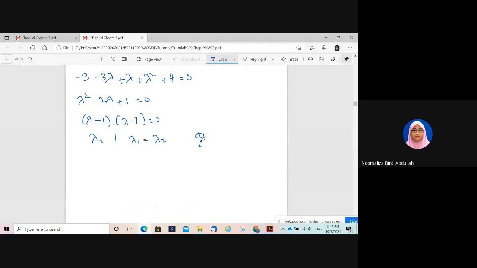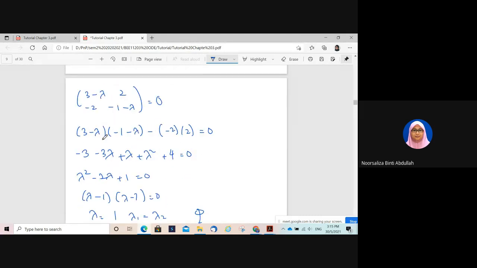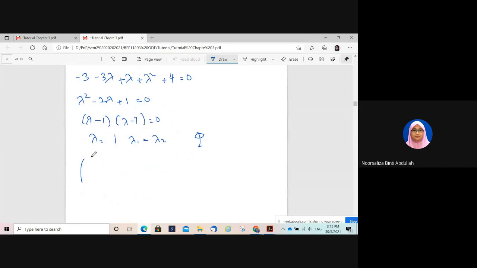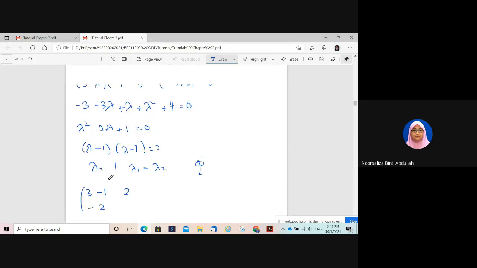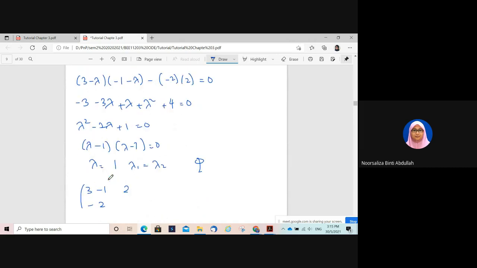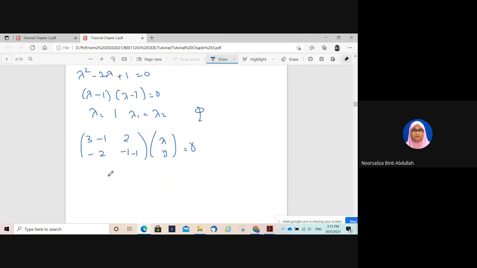So eigenvector 1. We have here [3 minus 1, 2; -2, -1 minus 1] times [x, y] equals 0. So 3 minus 1 is 2, 2, -2, -2, times [x, y] equals 0.